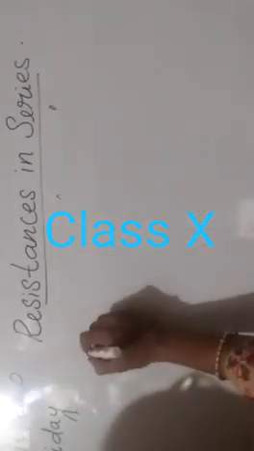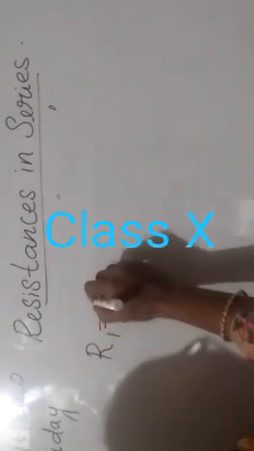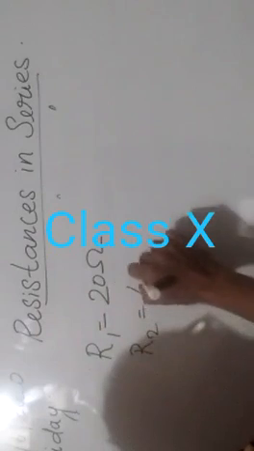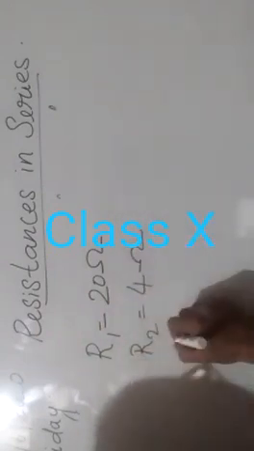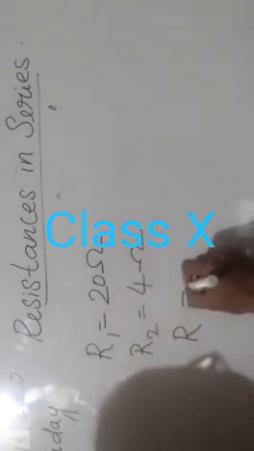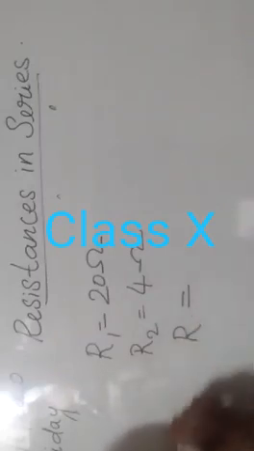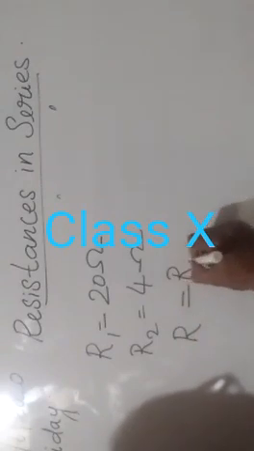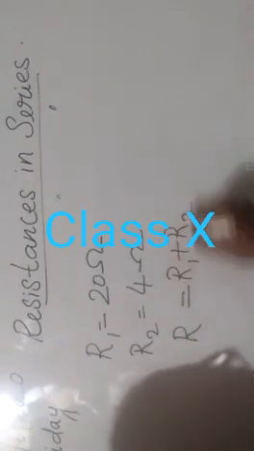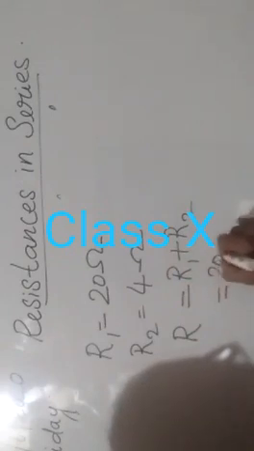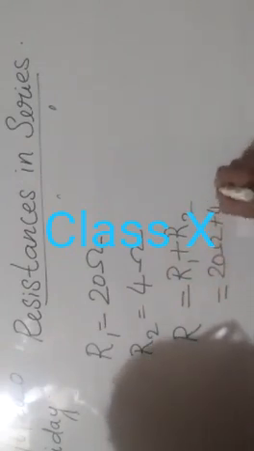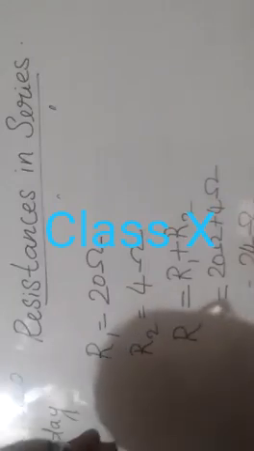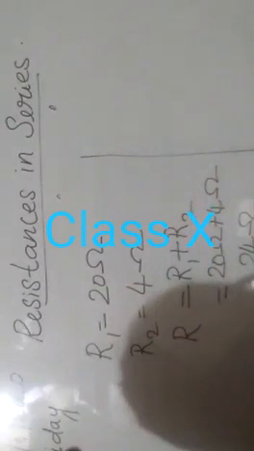Let us note down R1 is equal to 20 ohm, R2 equal to 4 ohm, given. So in series, total resistance R is equal to R1 plus R2, that's equal to 20 ohm plus 4 ohm, equal to 24 ohm, is the total resistance of the circuit.